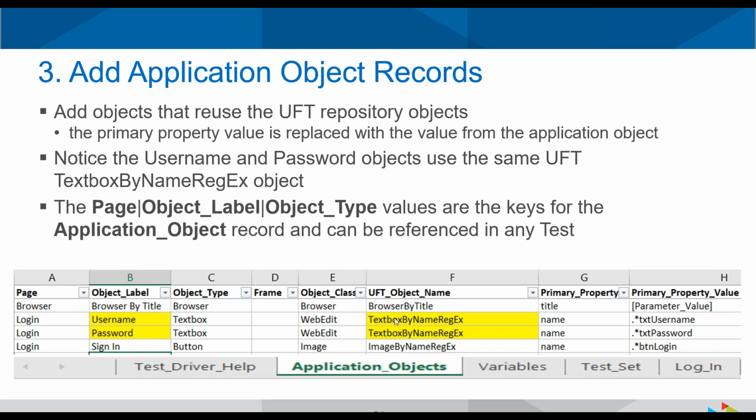So now we've mapped our login username and login password to that UFT repository object. We also have our sign-in button that was set up to be an image, and using the same kind of technique, we find that object by the name property using the regular expression.